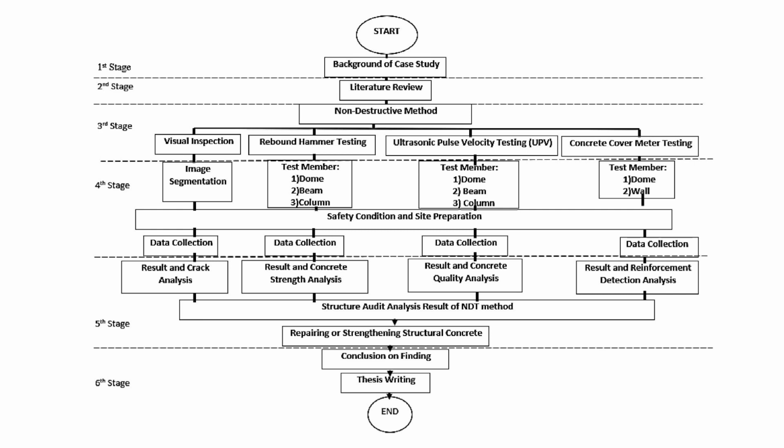The fourth is assessment and data analysis: image segmentation, the rebound hammer on three members, the dome, beam, and column, UPV on the dome, beam, and column, and concrete cover meter testing only for the dome and wall. Before the data analysis, the safety conditions must be prepared, safety first.